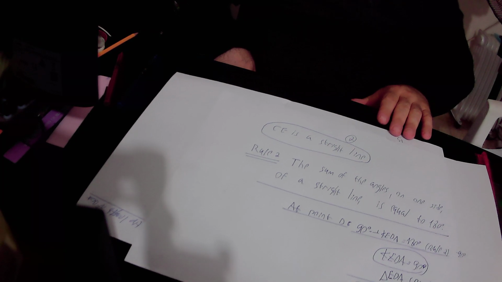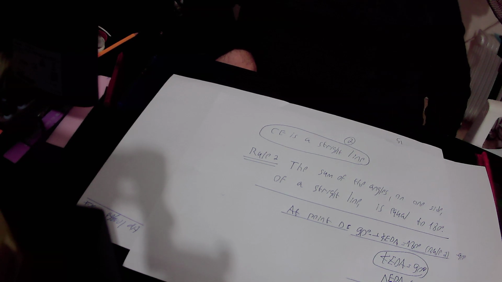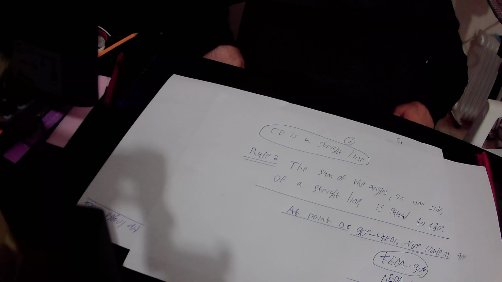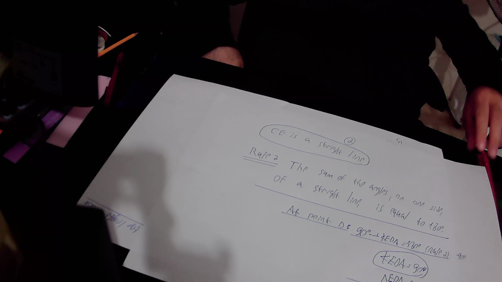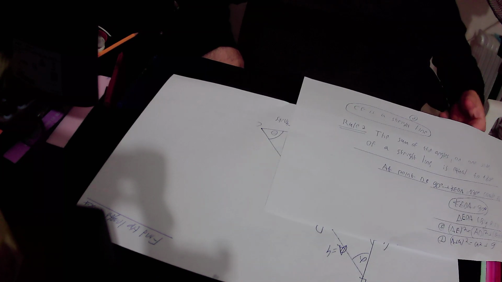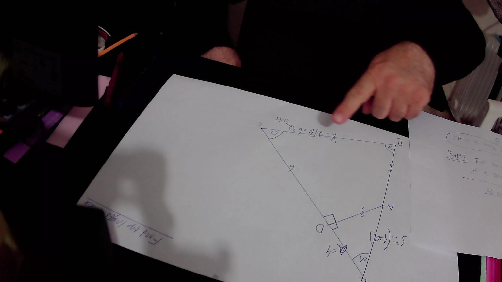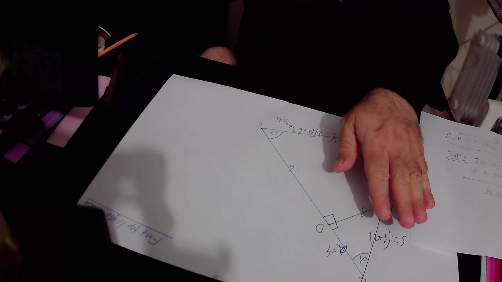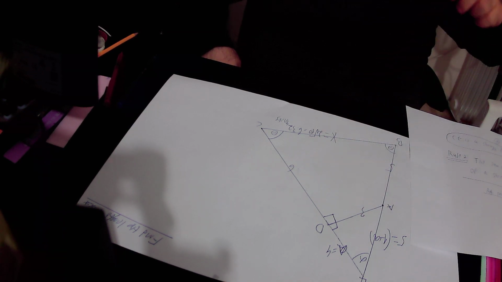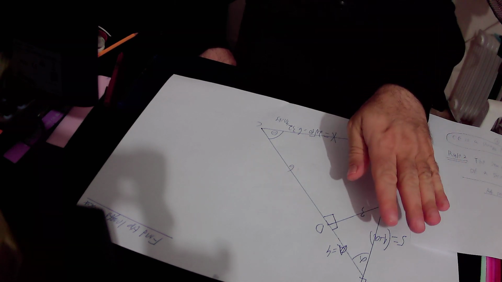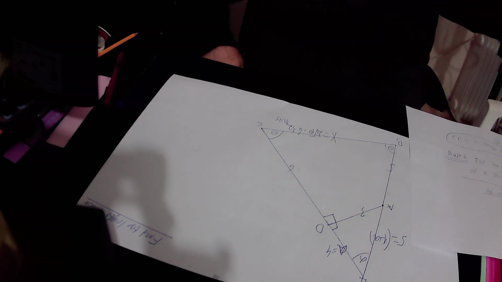And we have rule number 2. According to rule number 2, the sum of the angles on one side of a straight line is equal to 180 degrees. So if EC is a straight line, then at point D on this side of CE, the sum of the angles must be equal to 180 degrees.